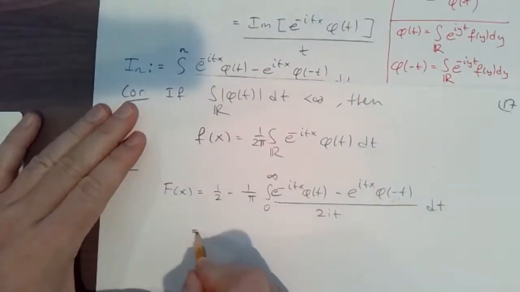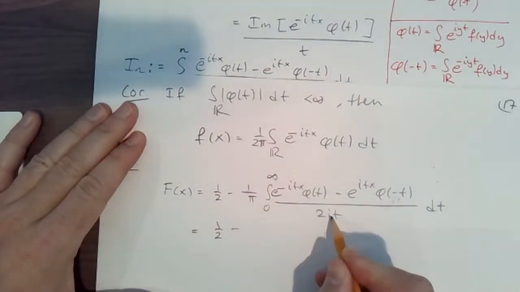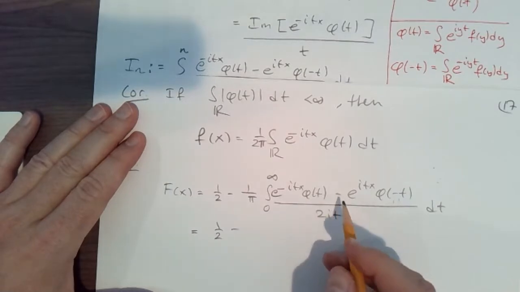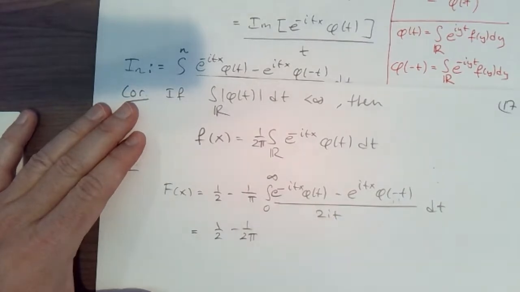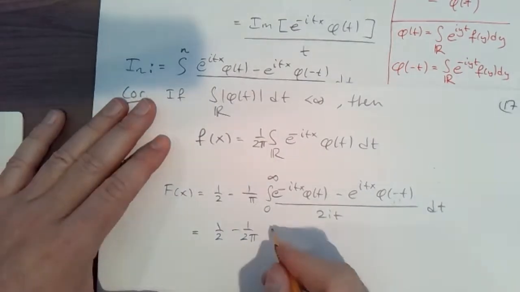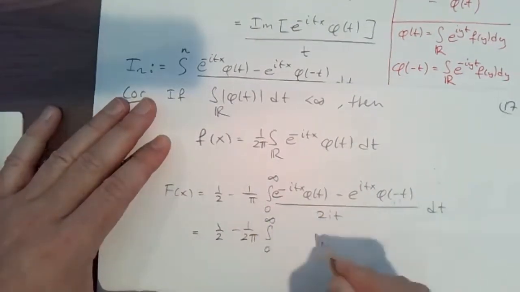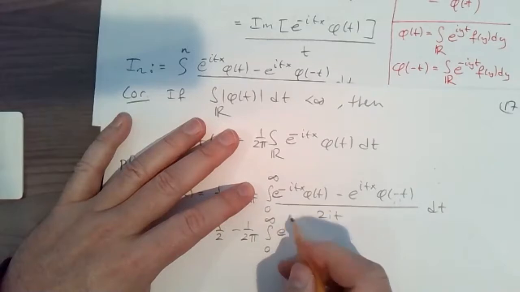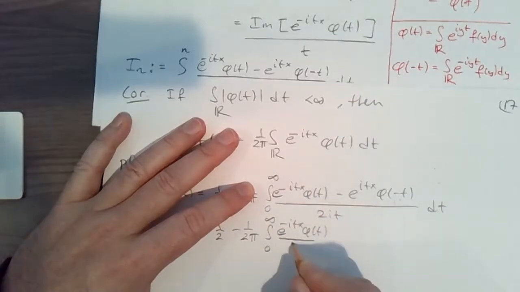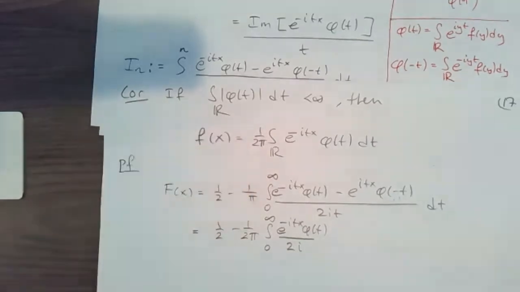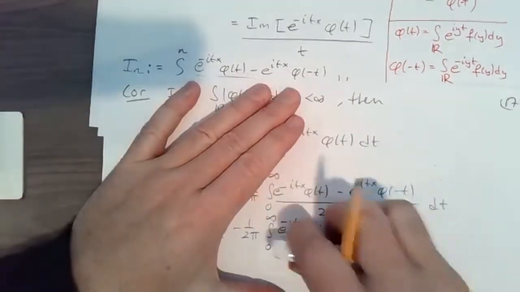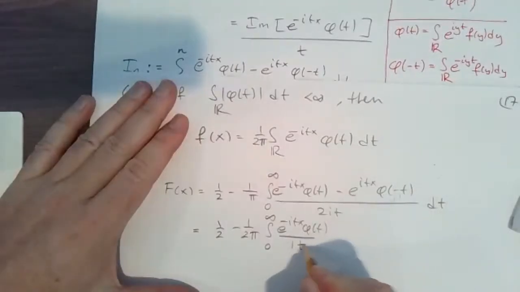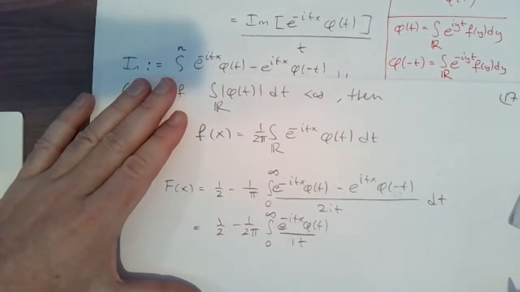Okay, so we can break it up. 1/2 minus, I can pull the 2 outside, 1 over 2 pi. And then I can integrate from 0 to infinity e to the minus itx phi of t divided by it.